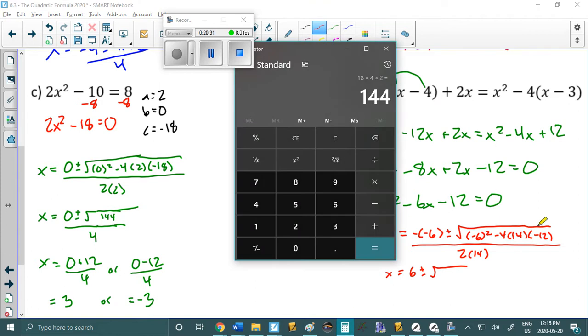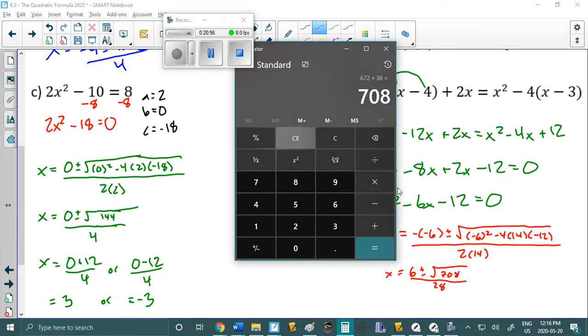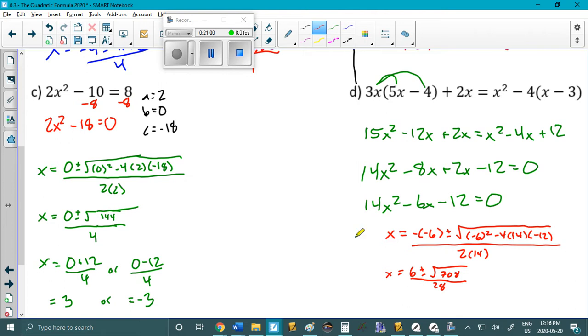Okay, so now we've got negative, positive, negative, so that'll all cancel out. So we've got 4 times 14 times 12, and then we add the 36, we get 708, all over 28. The square root of 708 is ugly, so 26.61.